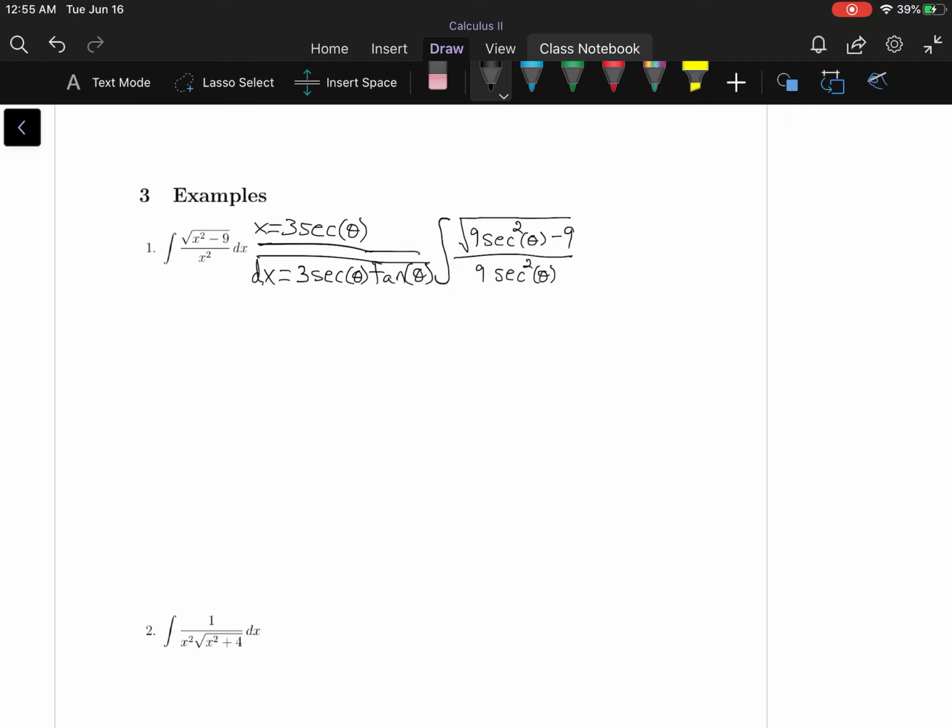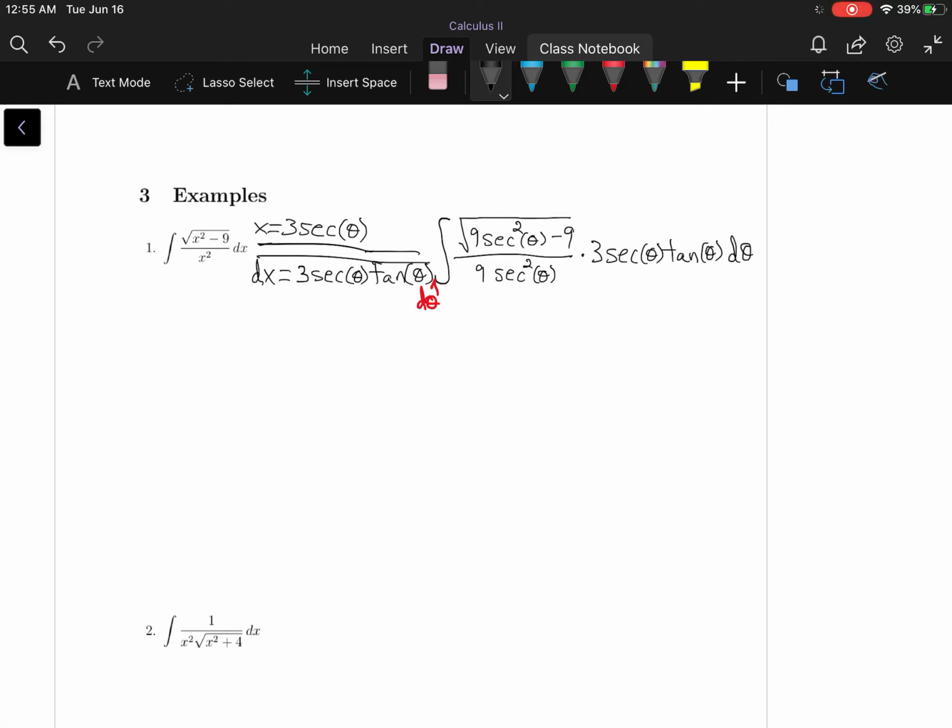And then the dx is 3 secant theta tan theta d theta, and I forgot to put the d theta in over here, so I'm just going to squeeze that notation in because it should be there.